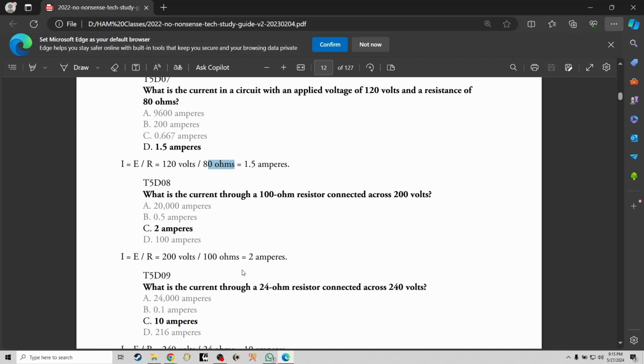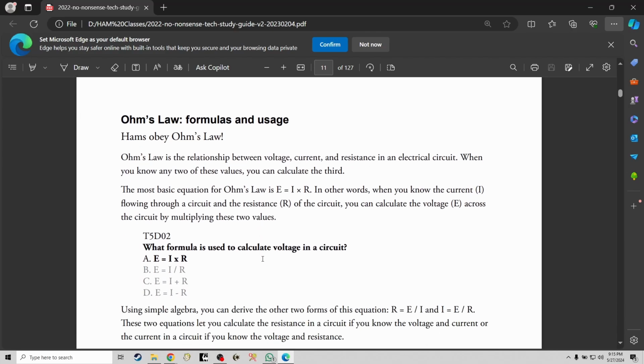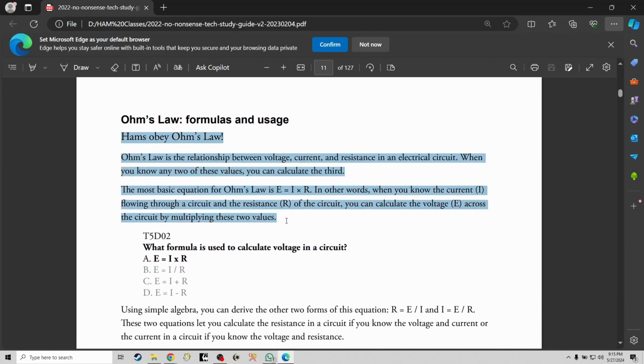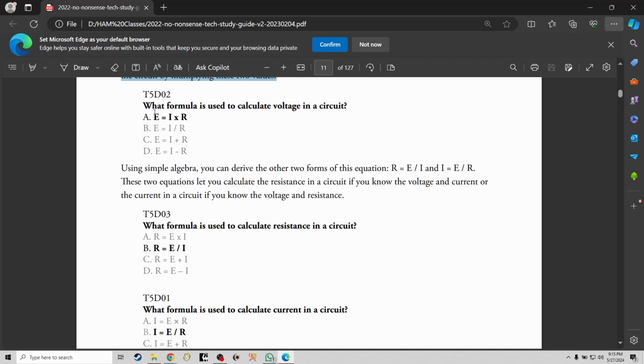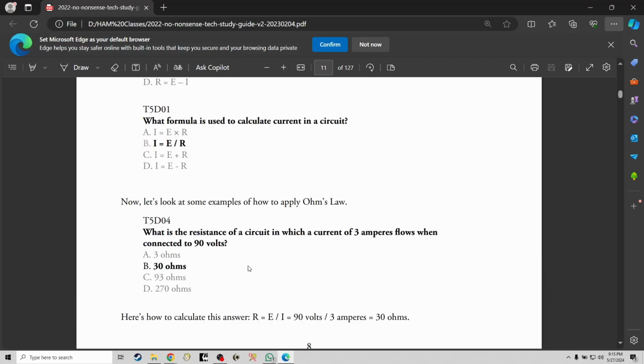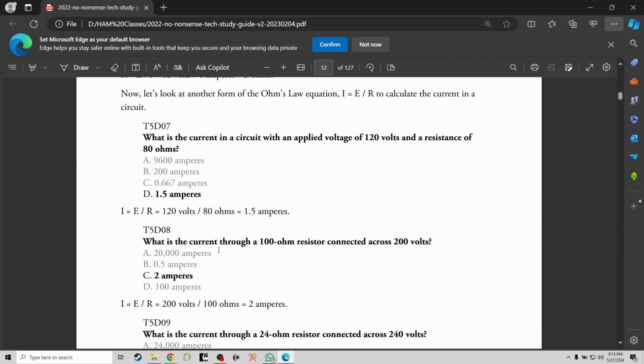So it's really good to understand how Ohm's law works, how to solve for E, how to solve for I, how to solve for R. It's good to know all these things because you're not going to have a calculator in front of you, or you can just blindly memorize it. That works too.